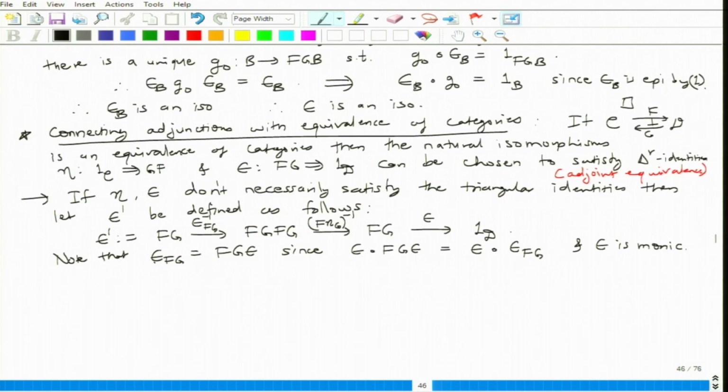Confused what I am saying? Okay, let me write this. Where does epsilon go from?